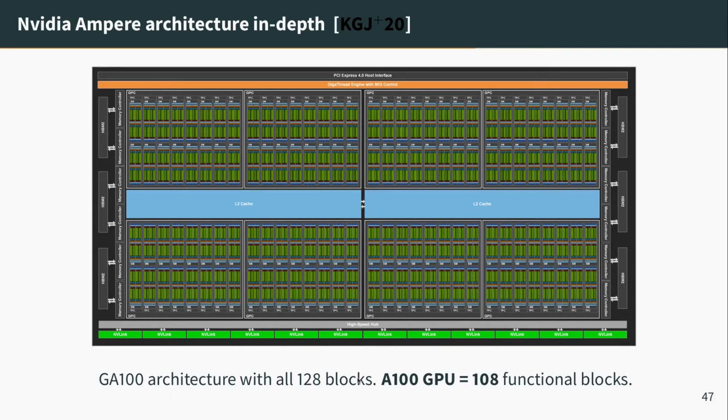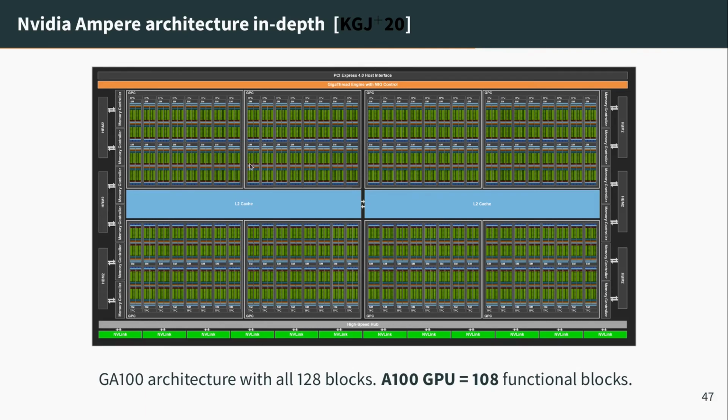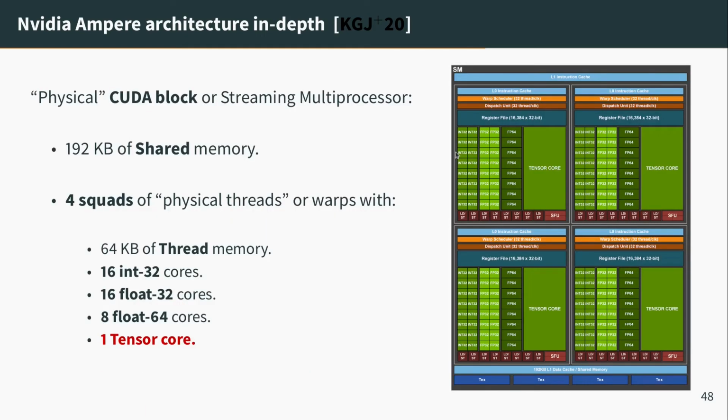You buy a slightly defective A100 GPU where you have, like, more than 108 functional blocks out of 128. That's what you buy. And so basically here you have tons of redundant blocks that are the physical CUDA blocks that I talked about before, which are called streaming multiprocessors.